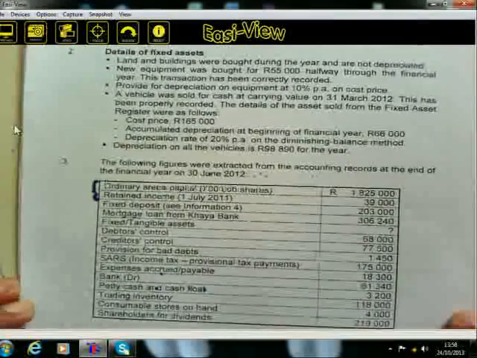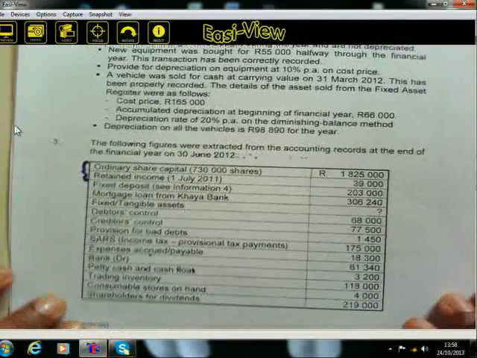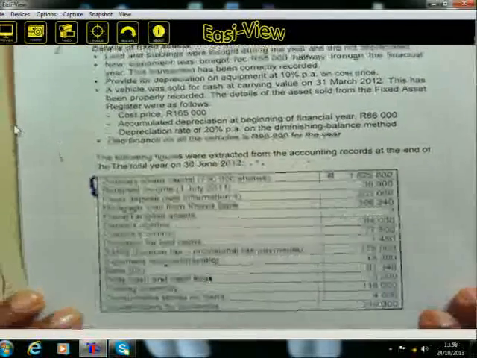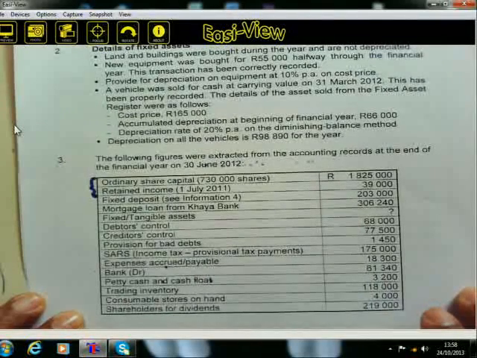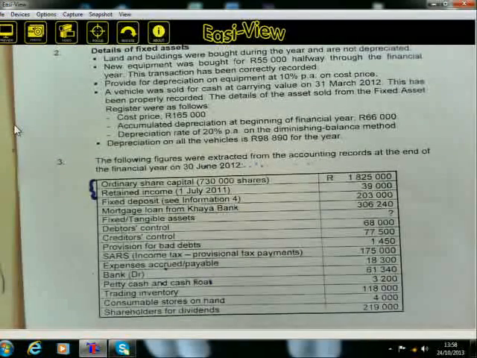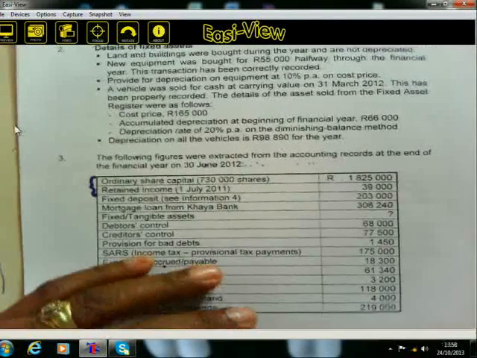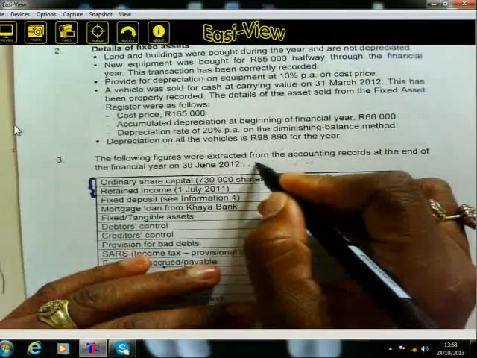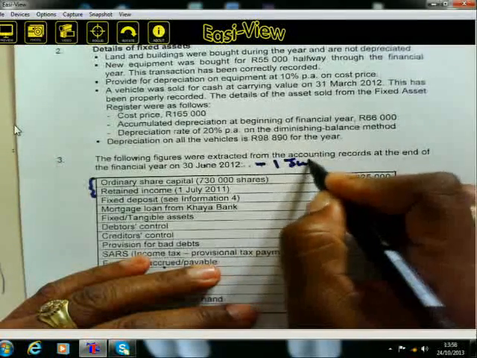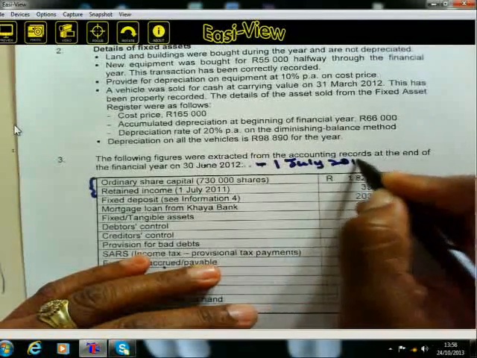And then number 3, we say the following figures were extracted from the accounting records at the end of the financial year, which is 30 June 2012, which means it started 1st July 2011.